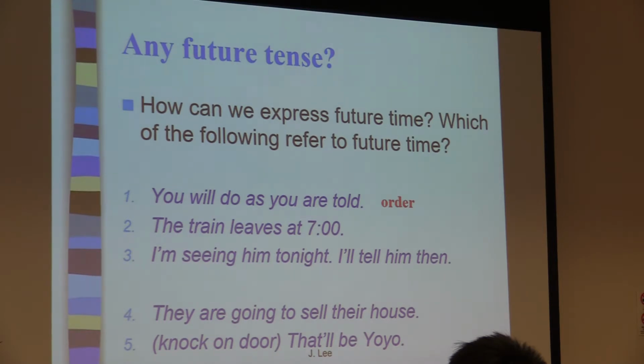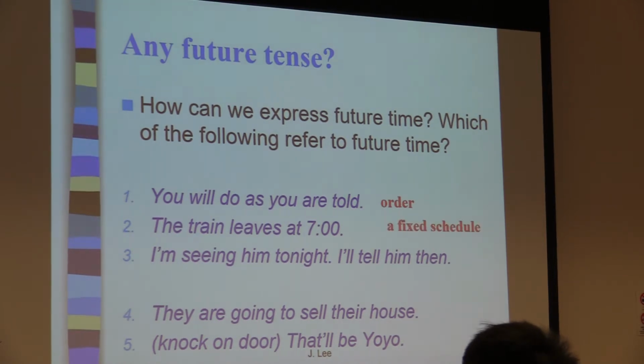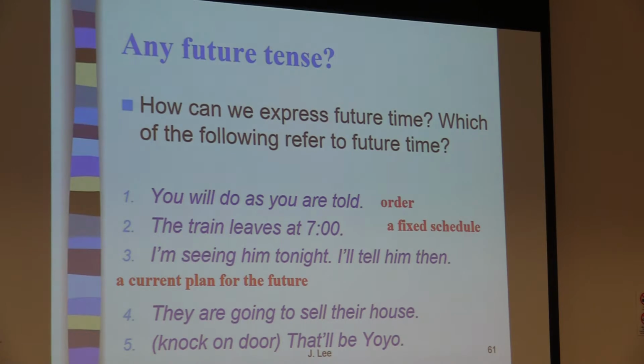How can we express future time, and which of the following refer to future time? The first one, you will do as you are told, is an order. Number 2 is a fixed schedule. Number 3, I'm seeing him tonight, is your plan. And they are going to sell their house is a matter of course, something fixed.